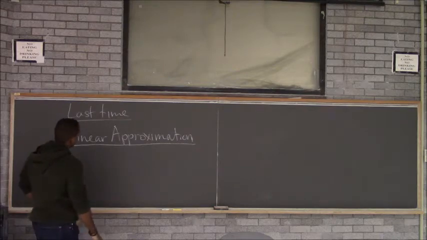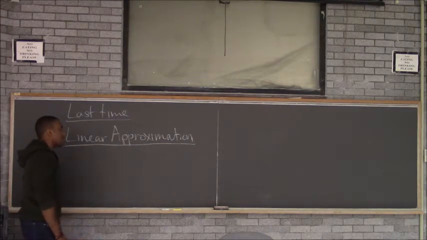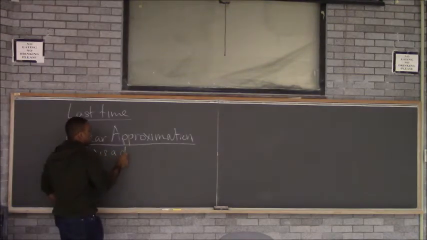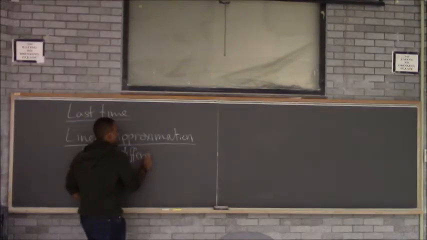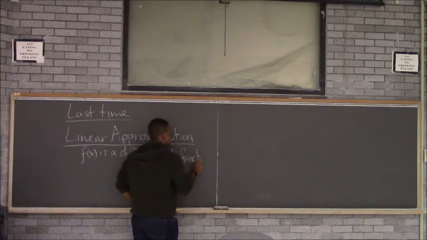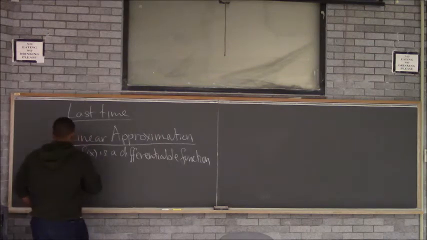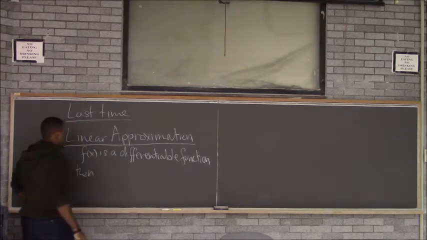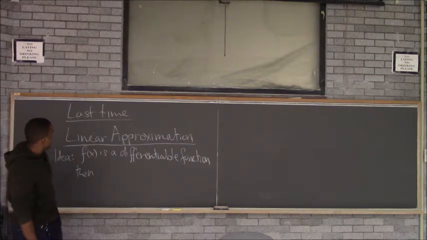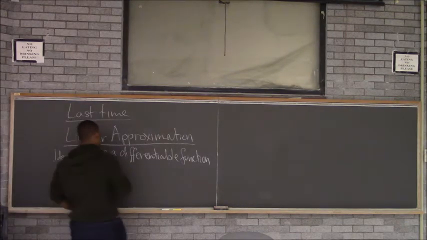It's basically the fact that, assuming f is a differentiable function, we can approximate f of x by the equation of its tangent line.